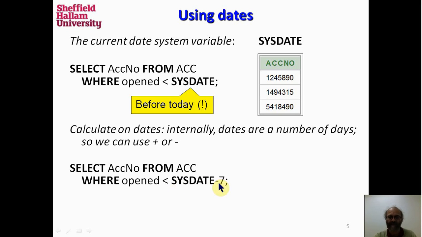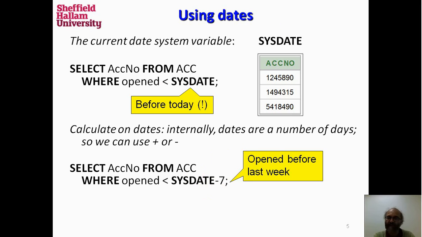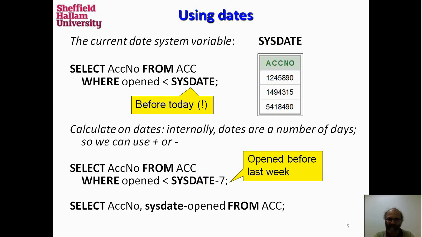Sysdate -7. Inside the Oracle system, the dates are recorded as a number of days. Sysdate is today, take away 7, sysdate -7 is this time last week. That will give us every account opened before a week ago.